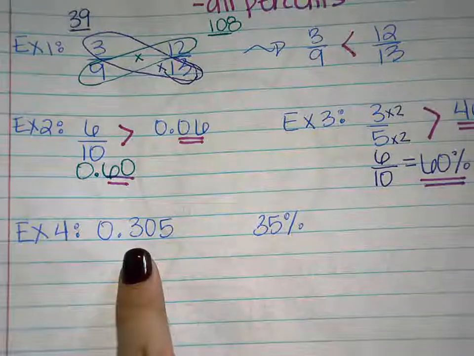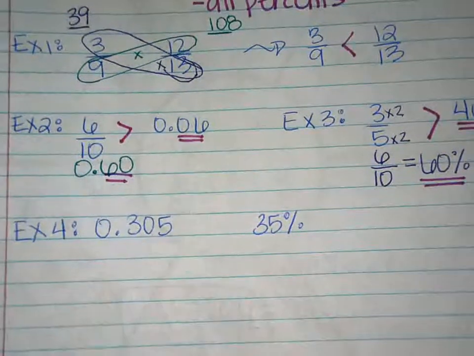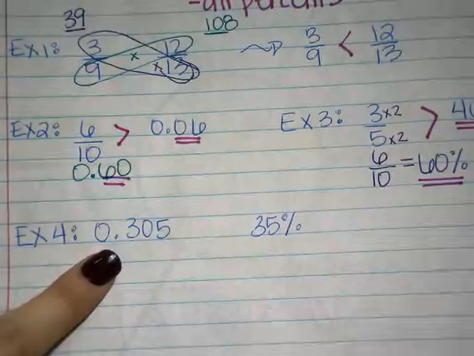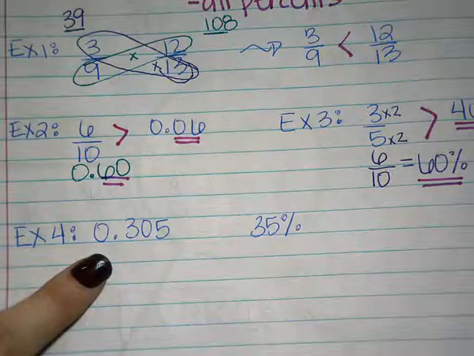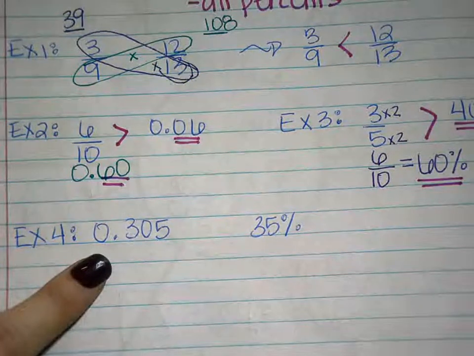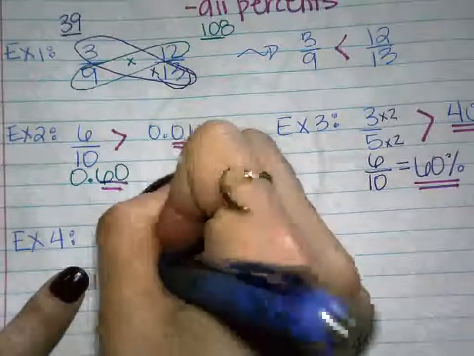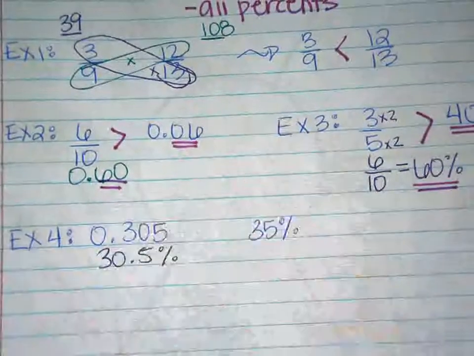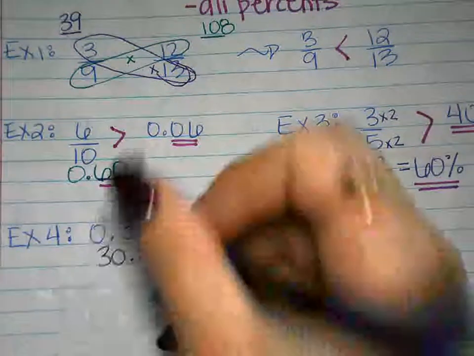Okay, somebody raise your hand and tell me, what is 0.305 written as a percentage? McKenna? Is it 305? It is not 305. Lindsay? It is 30.5. Because how many places do we always move the decimal? 2.